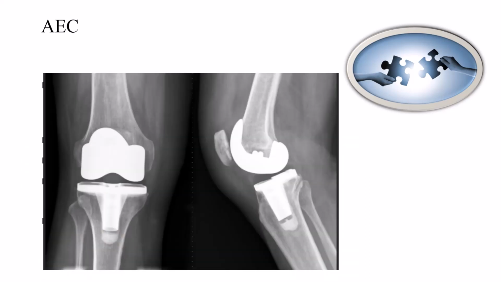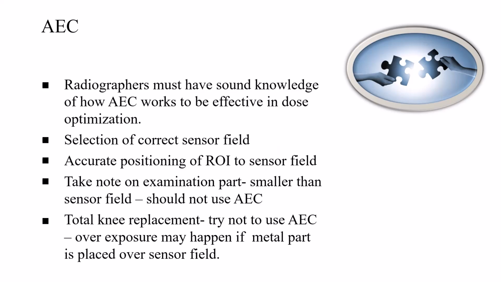Now, if the part is smaller than the sensor field, you should not use an AEC, or if the values of interest contain something like a prosthesis, such as in a total knee replacement, you would end up with metal being over the sensor field and creating a poor exposure.